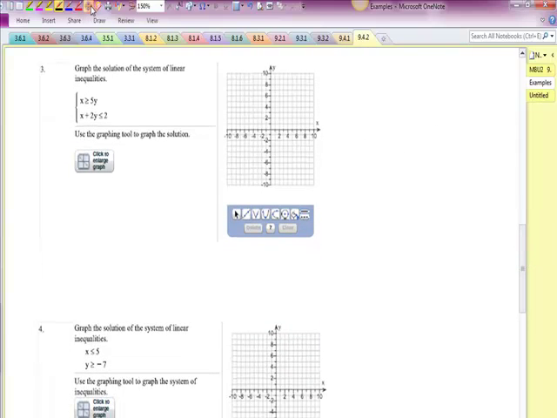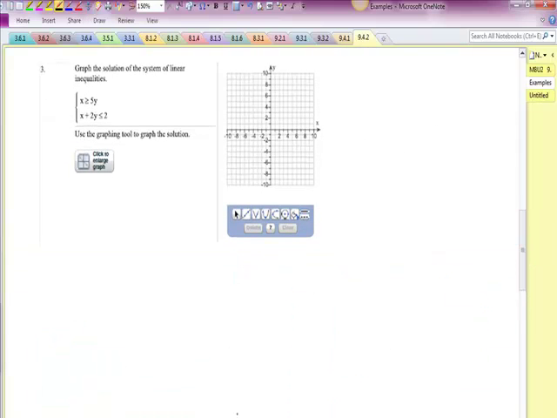All right, number 3. I have x is greater than or equal to 5y. If you're going to look at it from y's perspective, you need to turn this entire inequality around and put the 5y over here and the x over here. X is bigger than this, which means the 5y is smaller than x.